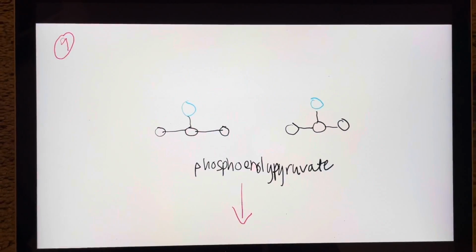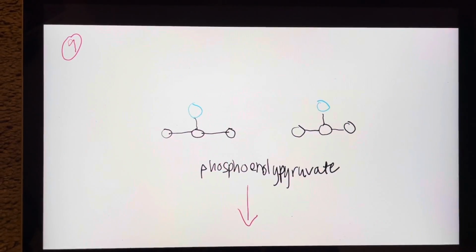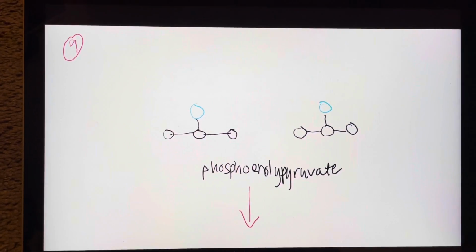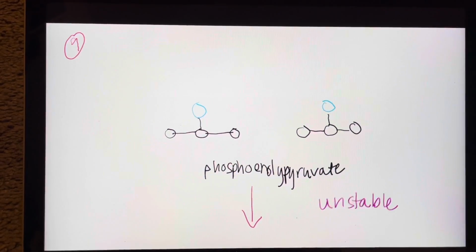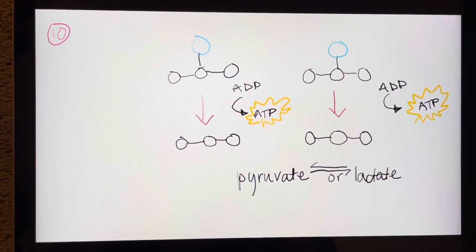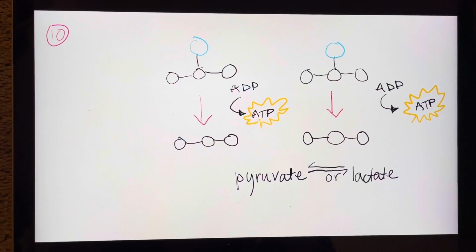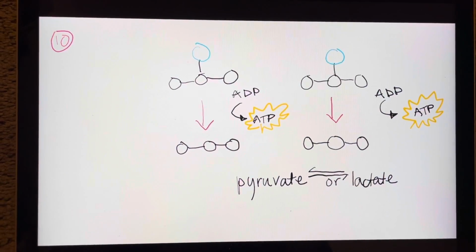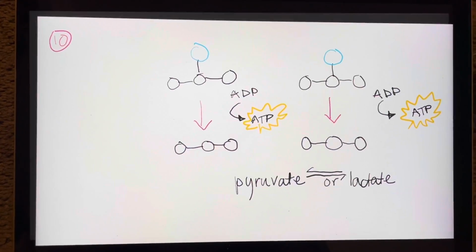The phosphoglycerate loses a molecule of water and becomes phosphoenolpyruvate and is unstable. Because of this, it donates its phosphate group to ADP, making a second ATP, and is converted to pyruvate or lactate.